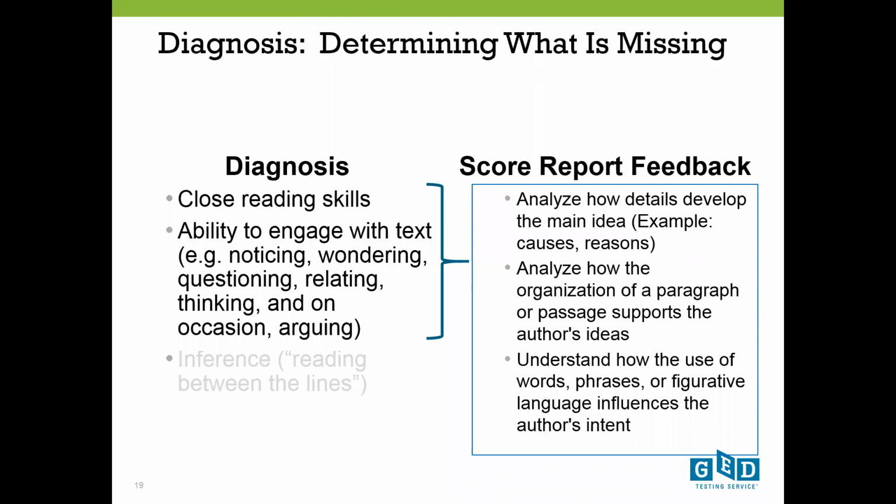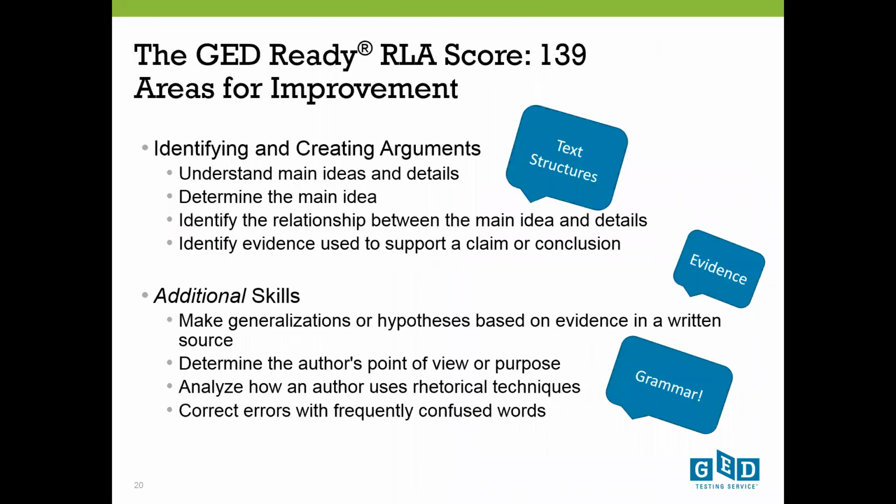Well, this structure doesn't make sense to me because it sort of undercuts the argument that you're making over here. Those are the kinds of things that proficient and competent readers do instinctively, and may need work in readers who are not as proficient. And so those things, I see how I took the score report feedback and I literally tracked it back to a diagnosis.